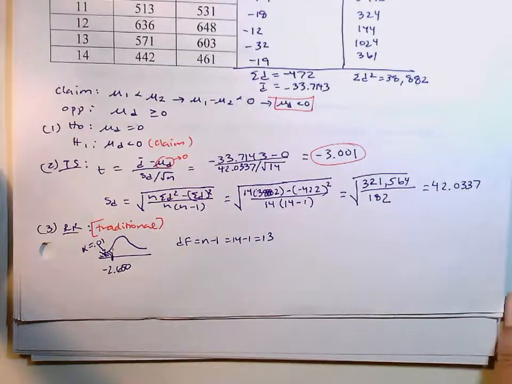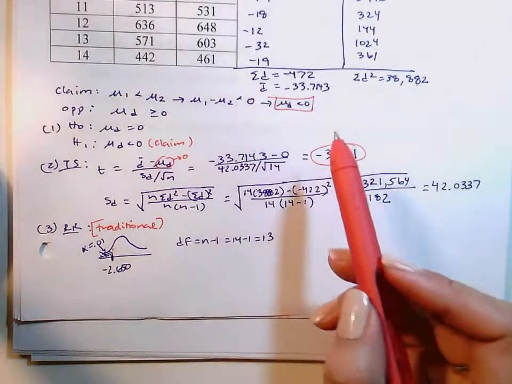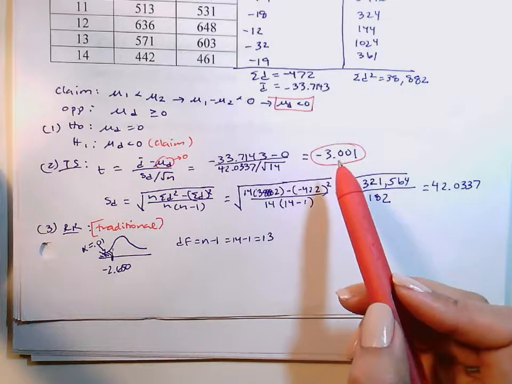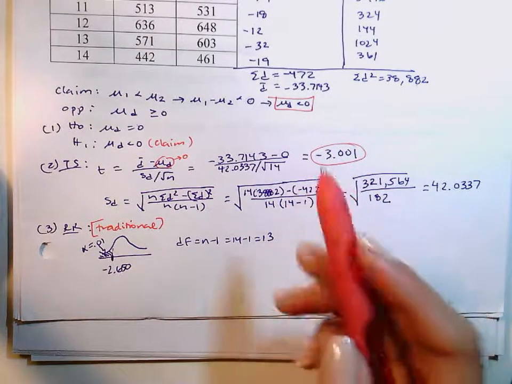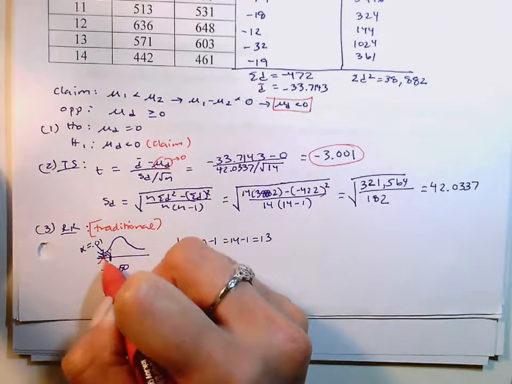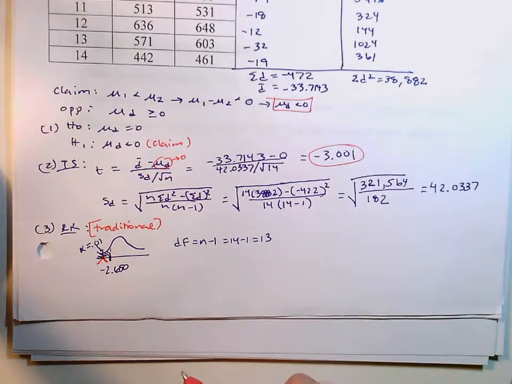And we're going to go ahead and plot our test statistic, negative 3.001, against this critical value. So negative 3.001 is to the left of that negative 2.650. It's in the shaded region, so we do reject.